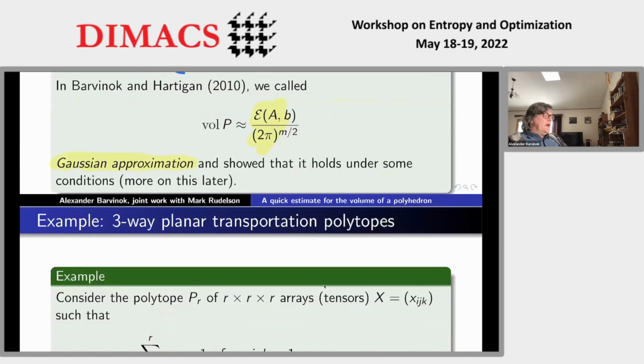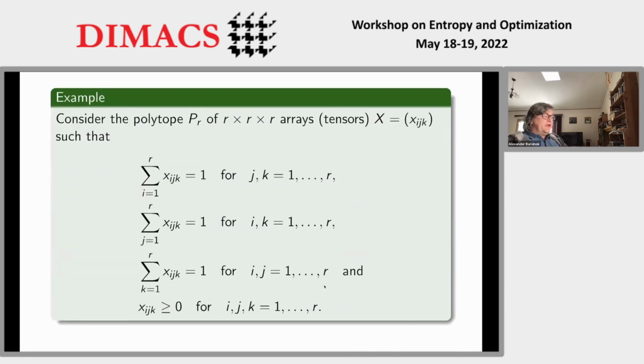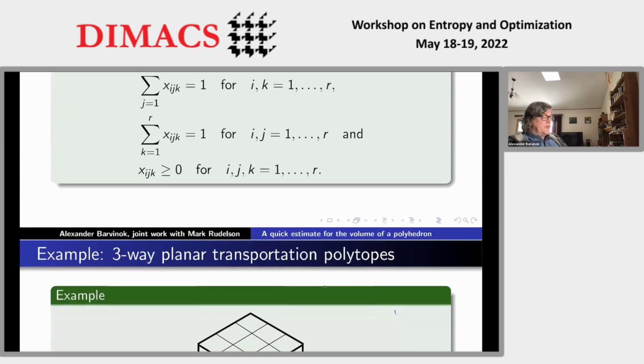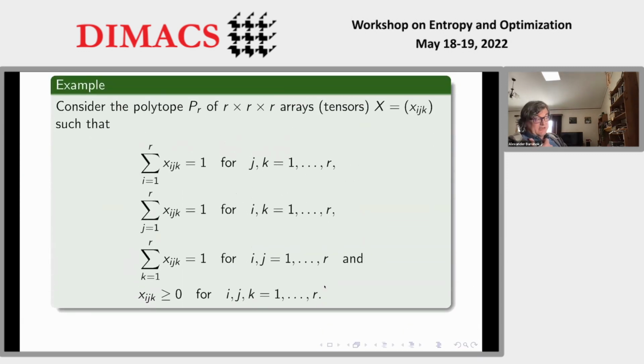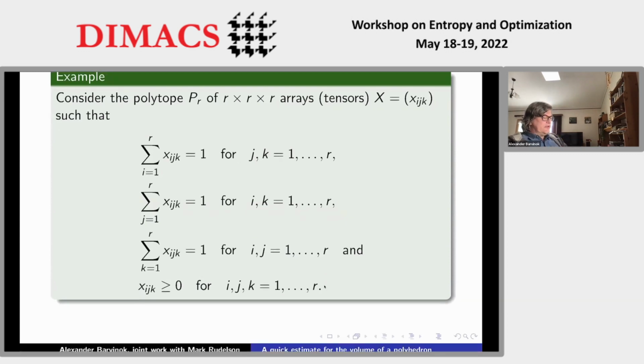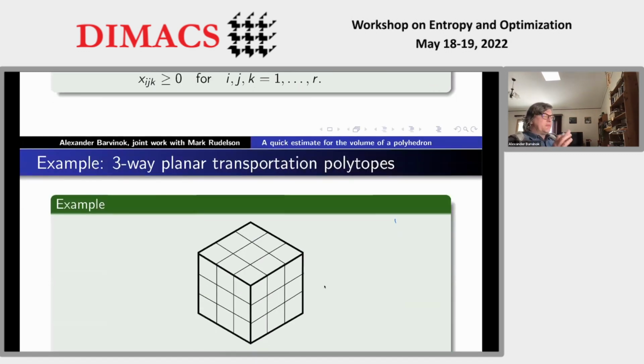Right. So then let me give another example where we don't really know any formula, and I suspect that the Gaussian doesn't work here. That's what are called three-way planar transportation polytopes.